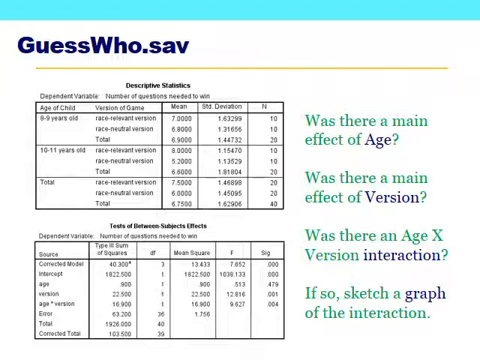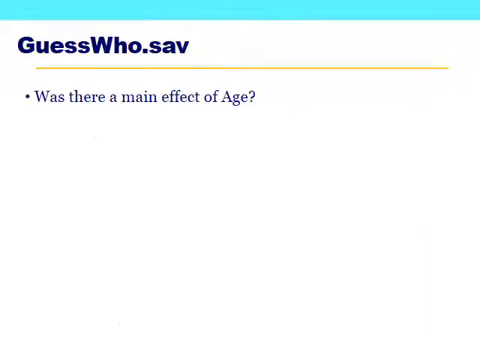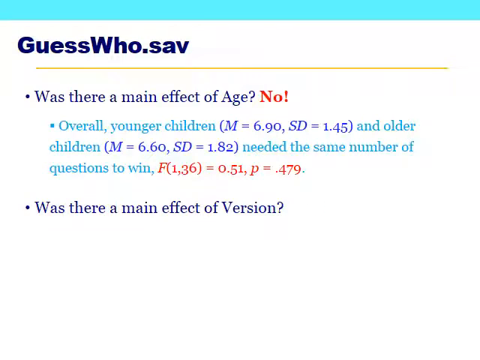In other words, younger kids did better on the race-relevant version of the game. But for the race-neutral version, older kids did better, by a margin of 6.8 versus 5.2. If you're having trouble wrapping your head around these cell means, it may be better to look at them on a graph.